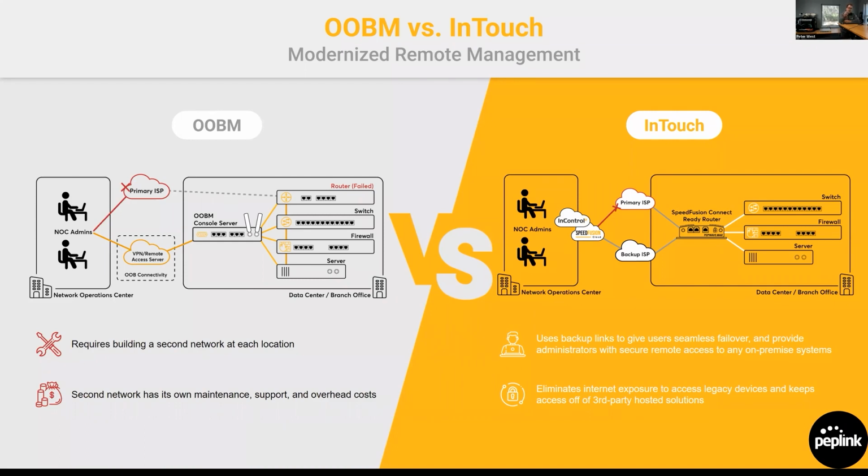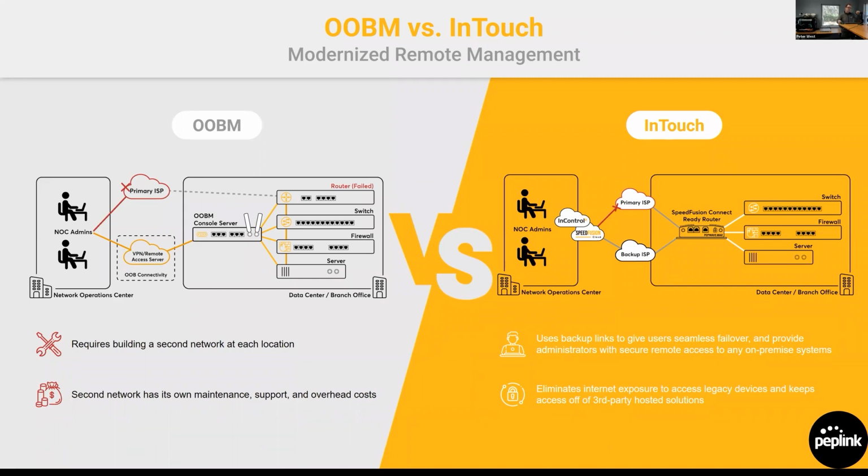Funny enough, though, I've used InTouch to access Peplink routers that were being blocked by a firewall upstream. InControl uses 5246 to establish that remote web admin. I had customers with two sites, and on their headquarters site, their upstream firewall was blocking outbound 5246.